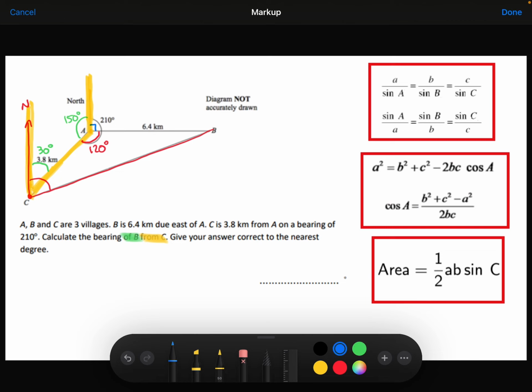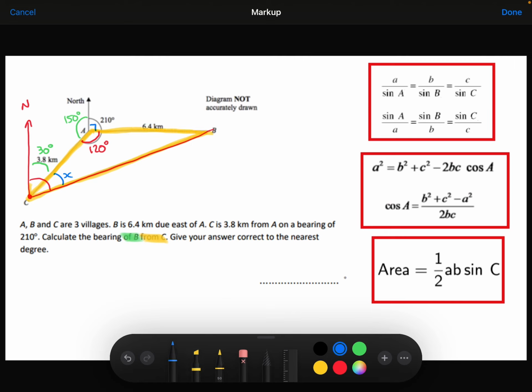So all I now need to do is work out this angle. I'll call it X. And then add it to the 30, and that will be my bearing. Right, to work out angle X, let's look at this triangle here. Now I'm going to need to do this in two stages.